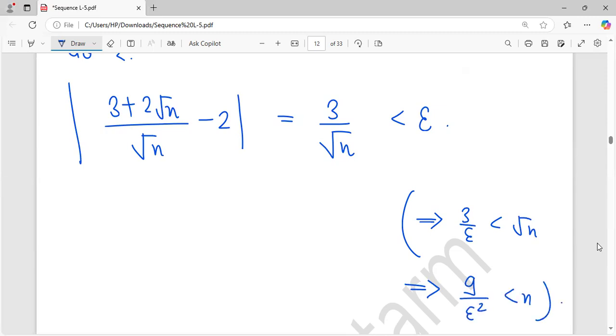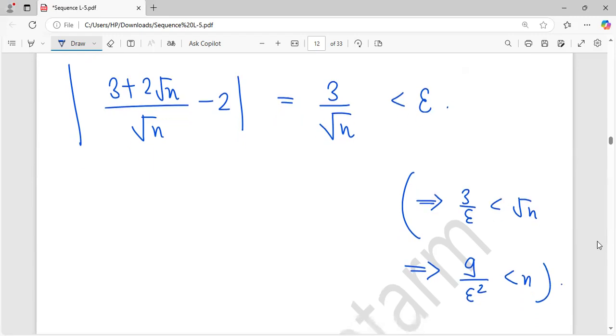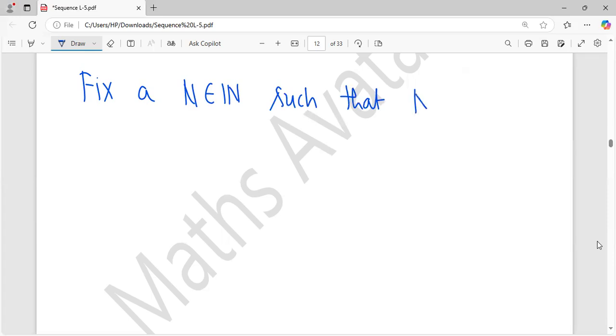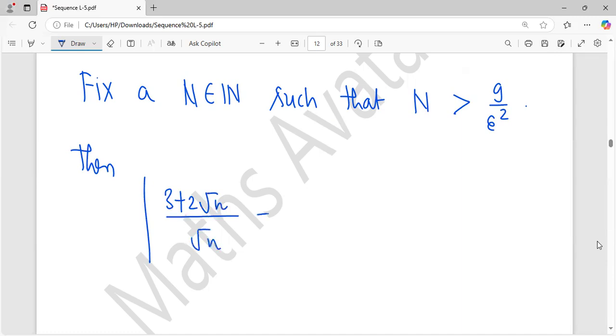Now I will fix the natural number first. Fix an N belonging to the natural numbers such that capital N is greater than 9 upon epsilon square. Then |(3 plus 2 root n) upon root n minus 2| is 3 upon root n.